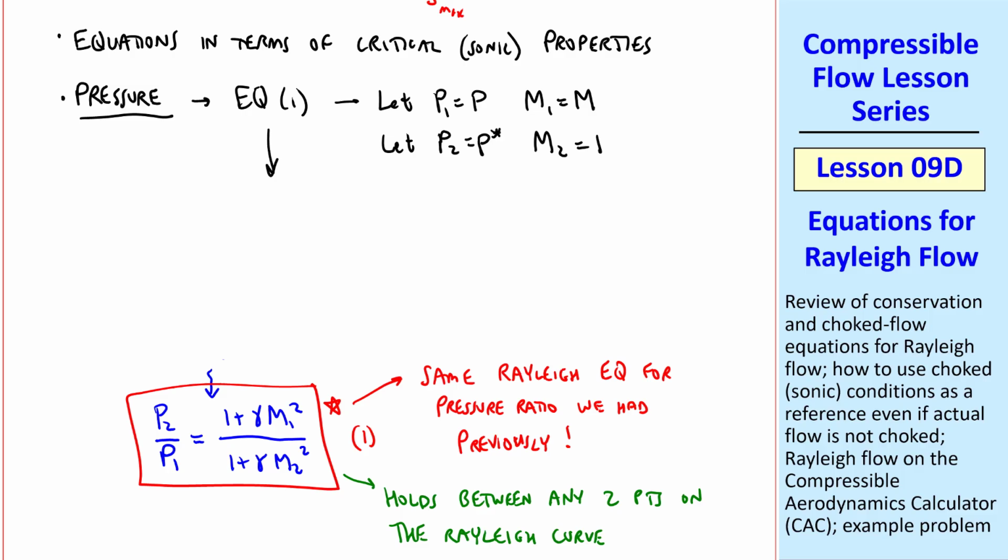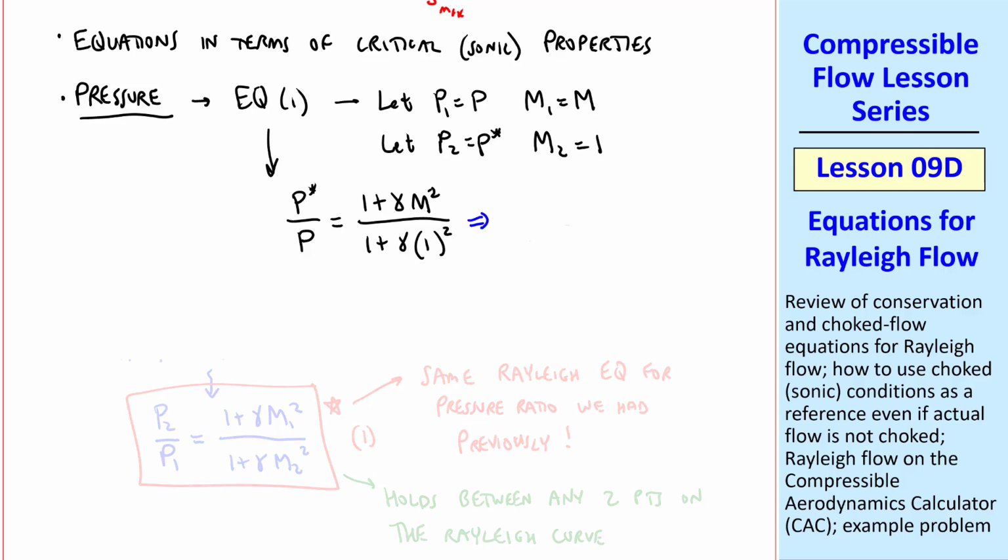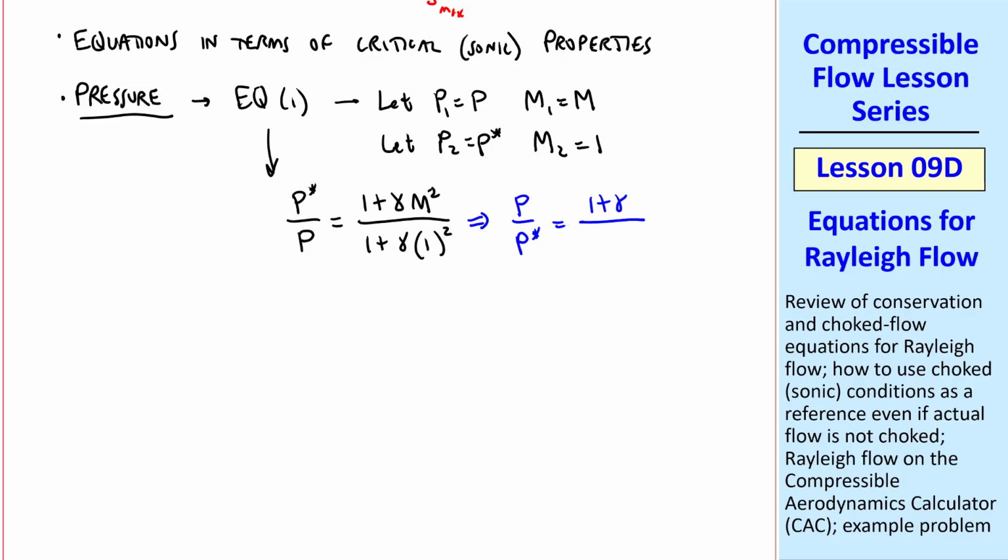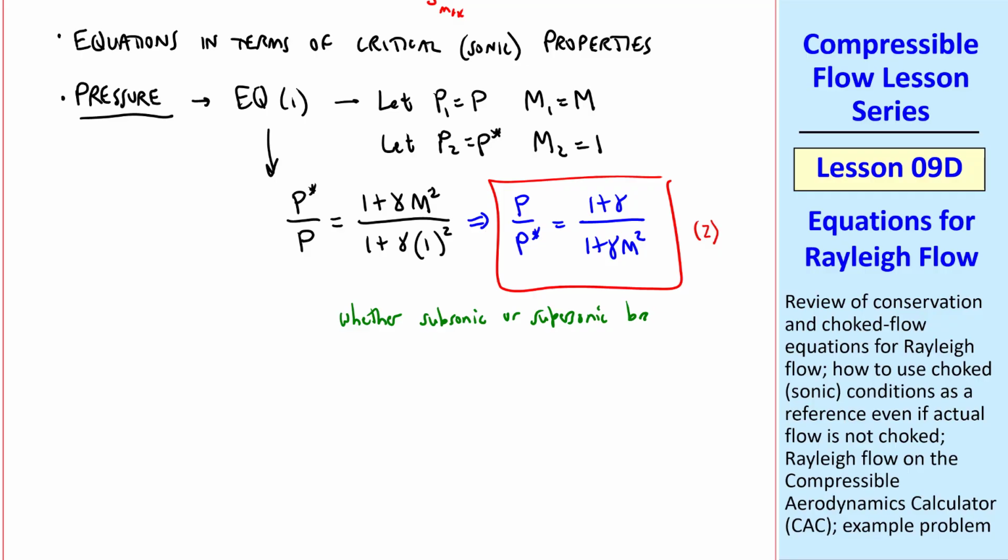So equation 1 becomes P star over P equals 1 plus gamma M squared over 1 plus gamma, since M2 is 1, or taking the reciprocal, P over P star is 1 plus gamma over 1 plus gamma M squared. I'll call this equation 2. As I said, we'll use this as a reference, even if we don't get to critical conditions in our actual problem. We'll be able to do this whether we're on the subsonic or supersonic branch.